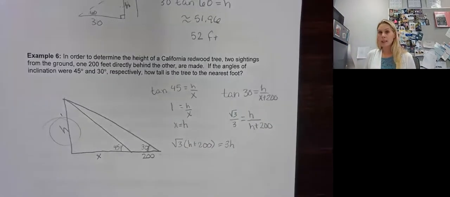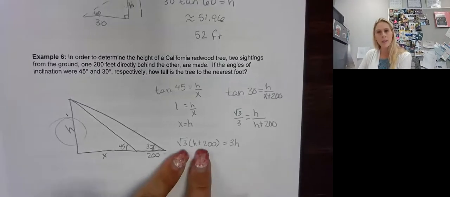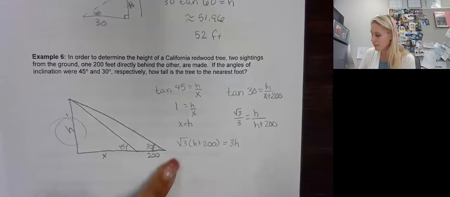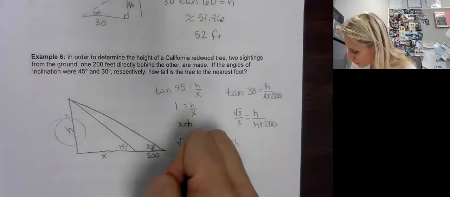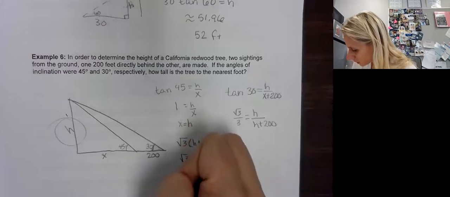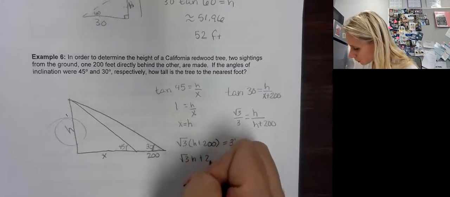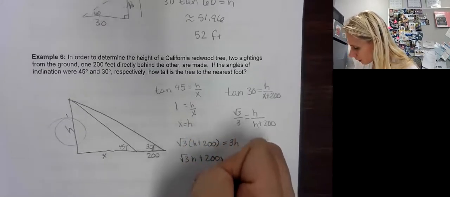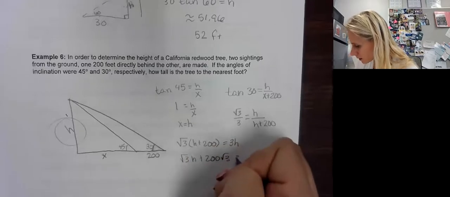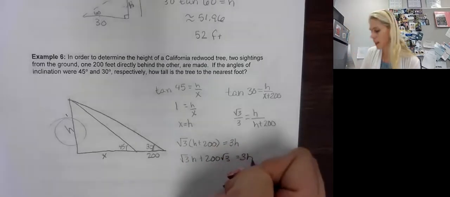Too many h's still, we've got to combine them, but we have this problem here. We have distributing. So let's distribute. That's the only move we can make at this point. So square root of 3h plus 200 square root of 3 equals 3h.